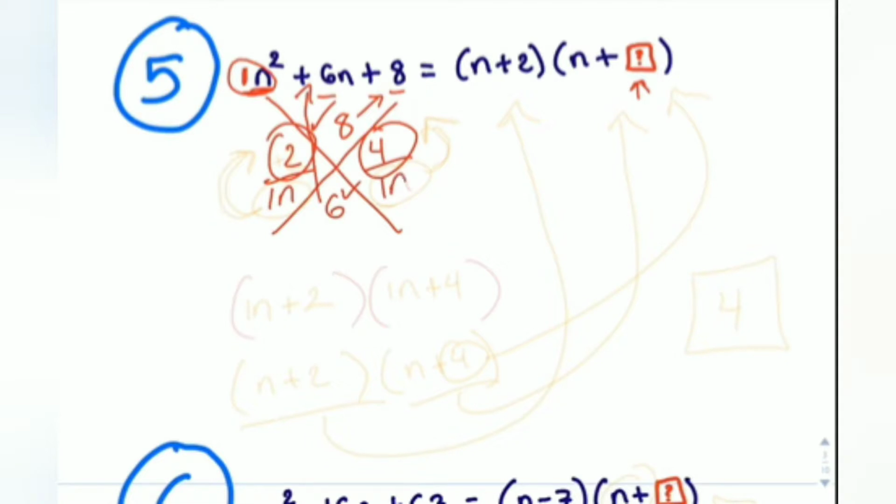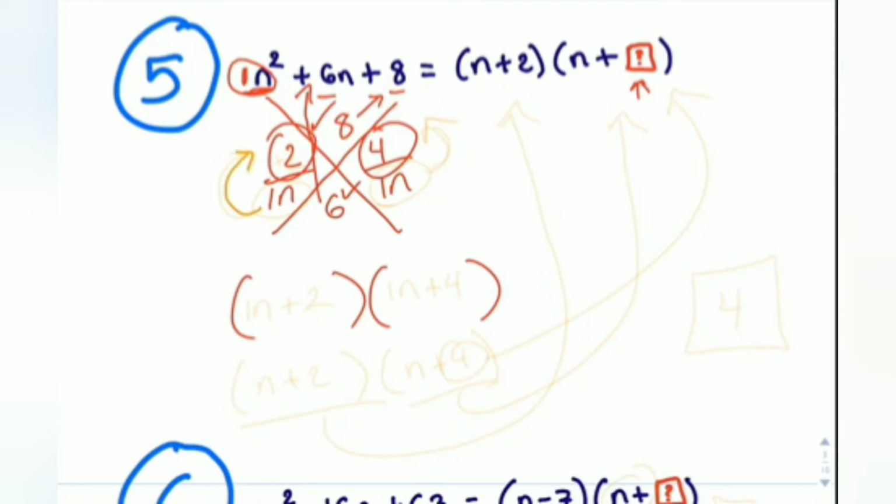Factoring, what did I tell you? It's just two parentheses multiplying each other, right? So we're going to go backwards, from here and up.